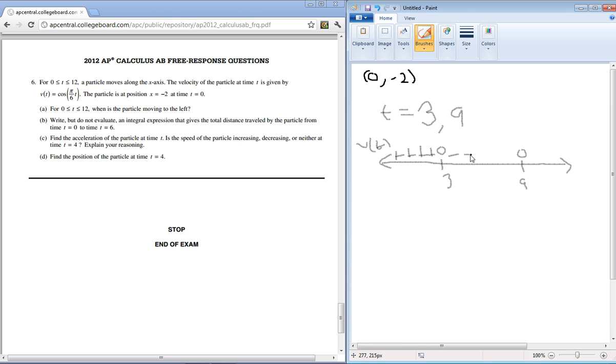So I'm pretty sure. Okay, I'm sorry. If we plug in a 6, which is in here, we're gonna get pi, and cosine of pi is negative. And if we plug in a number bigger than 9, let's plug in 12, because it is from 0 to 12, including 12.